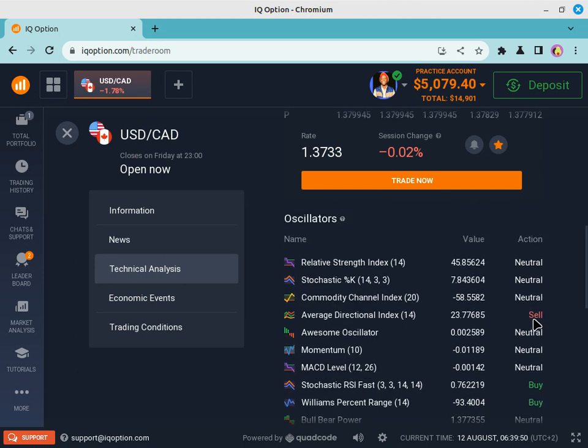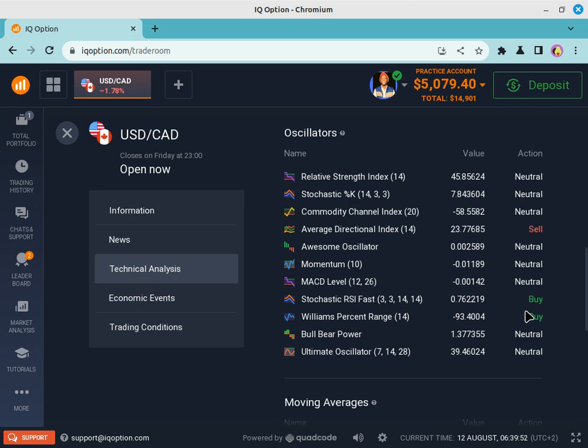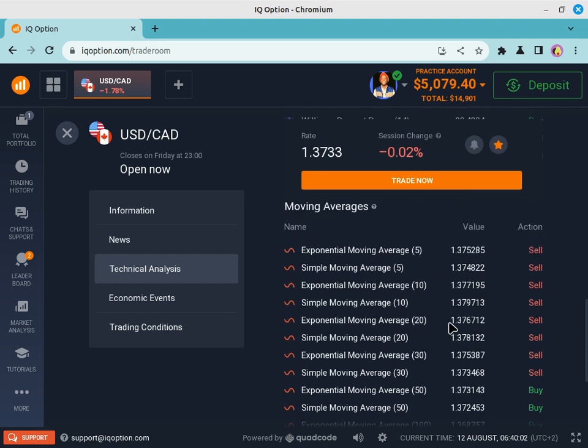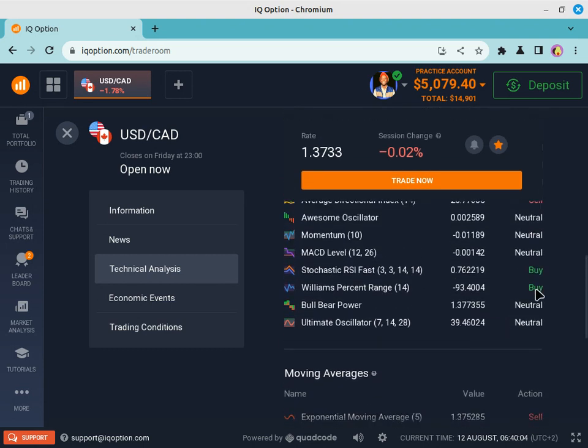So we want to look for these two buy signals here in order to get a fair view on the market. So that's what I look for. All right, I'm looking for a buy signal on the William and the stochastic.